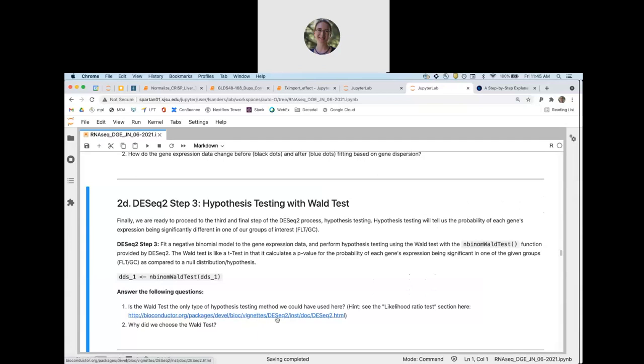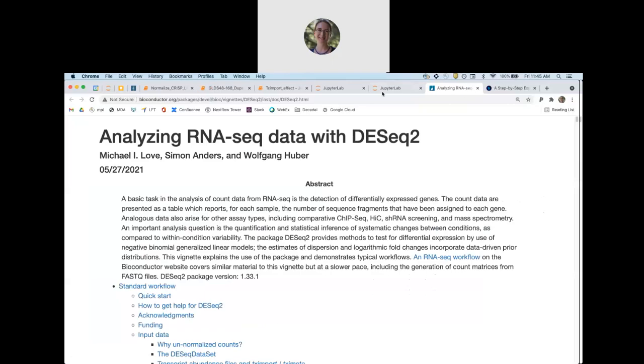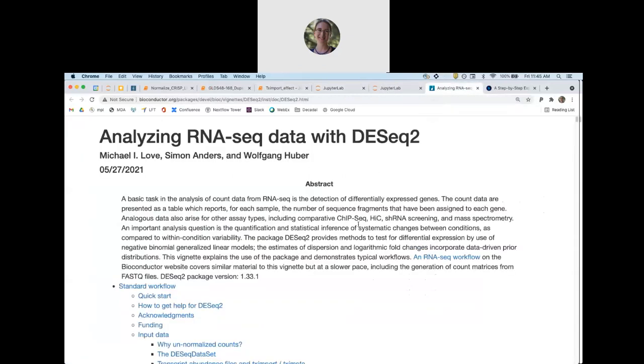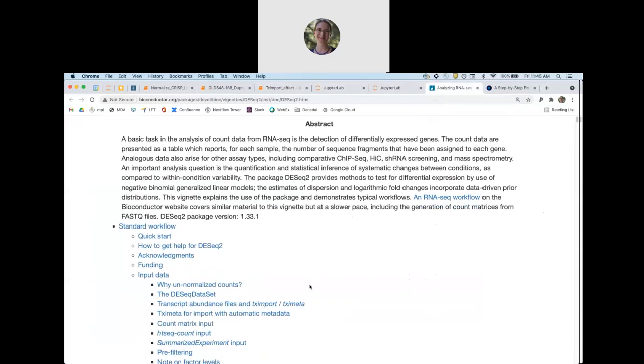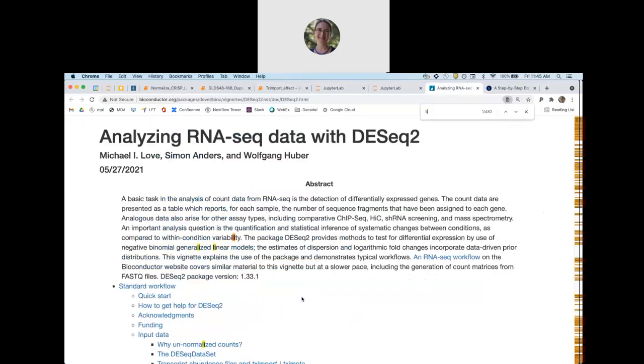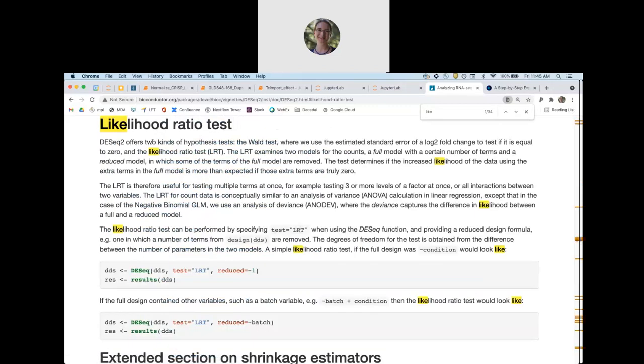Let's click on this link and look at the likelihood ratio test section here. So DESeq2 actually offers two different kinds of hypothesis tests. And we've alluded to this before when we were developing the contrasts.